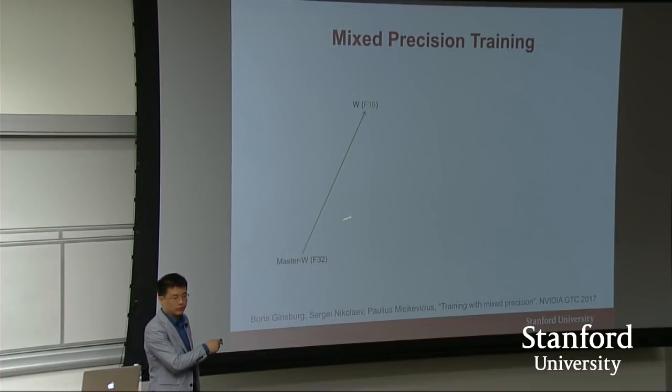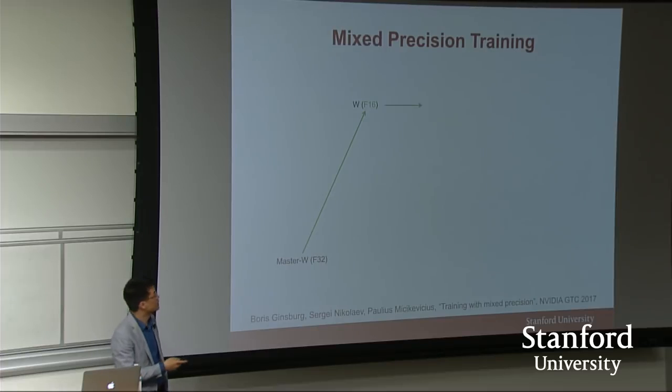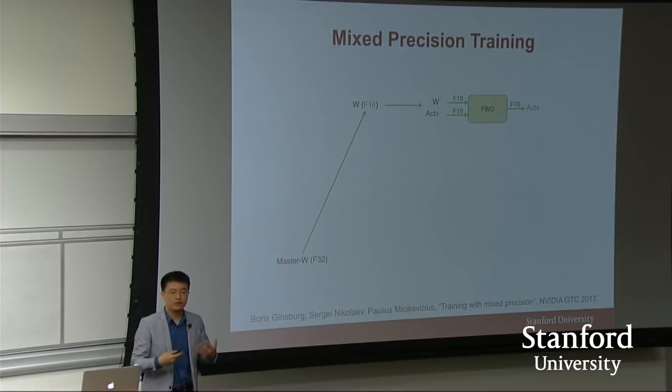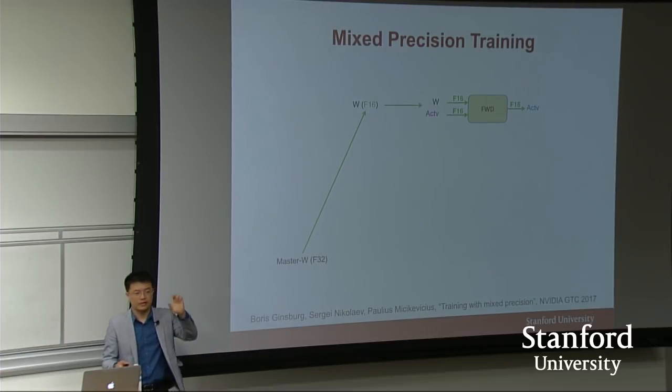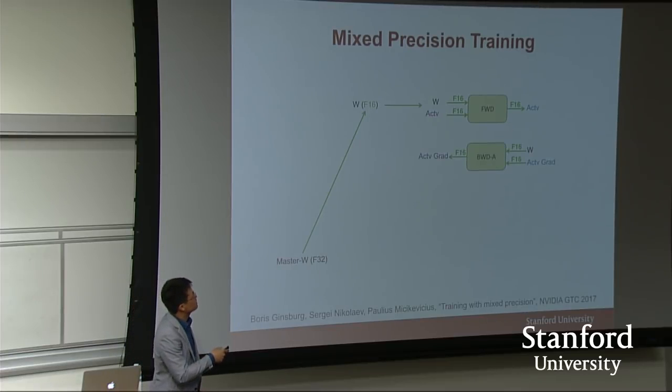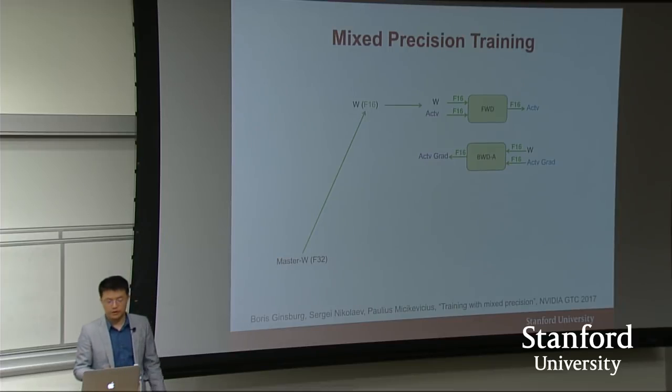For example, we have a master weight stored in floating point 32. We down convert it to floating point 16, and then we do the feed forward with 16-bit weights and 16-bit activations. We get a 16-bit activation in the end. When we are doing back propagation, all the computation is also done with floating point 16-bit.